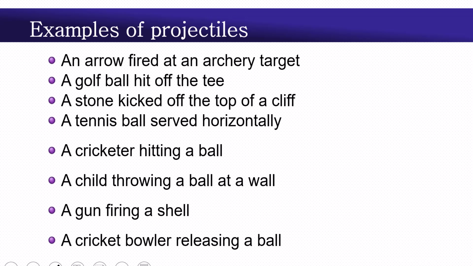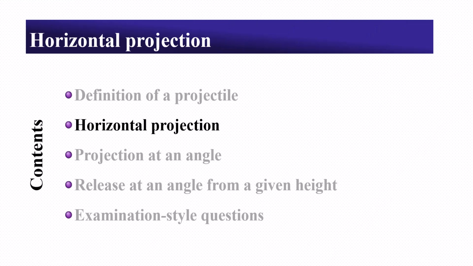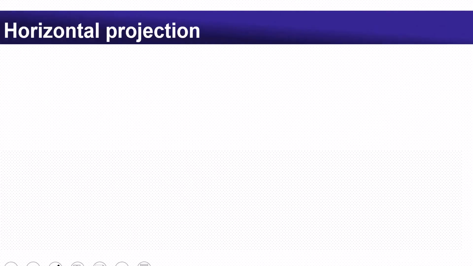So after understanding what projectiles are, we can look at the next thing on our course outline, which is horizontal projection. So we're going to understand what horizontal projection is, and then we do some calculations on horizontal projections for this video. So let's first look at what horizontal projection is.